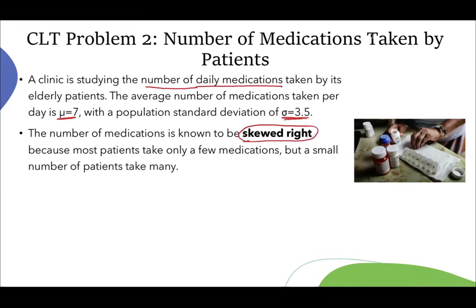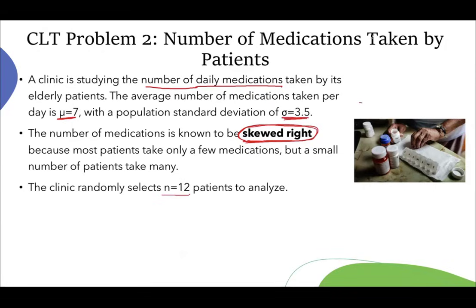And like in the last example, we weren't even provided with the shape. So as soon as we knew that n was greater than 30, though, the unknown shape, we knew it was going to be normal. In this case, we have a distribution that is also not normal, skewed right, and we're using samples of size 10.